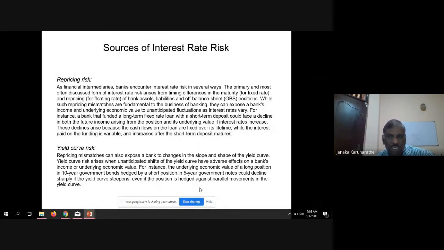So this is why, if you look at the last couple of years, almost the last 1.5 years or so, the banks had the advantage of repricing, right? What is the reason?